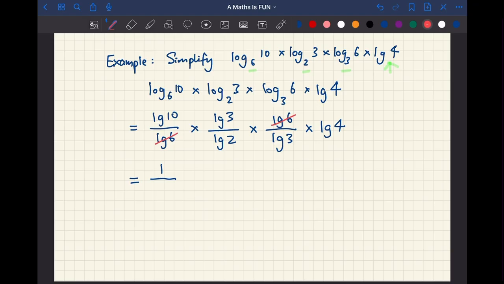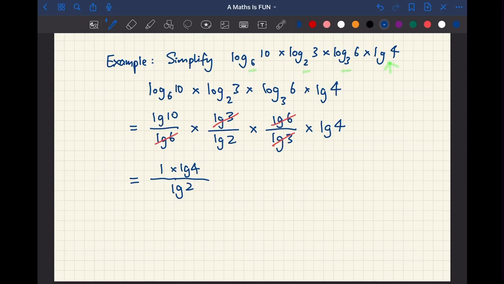Dividing log 6 in the numerator and the denominator of these two fractions, I'm able to cancel off the log 6 like that. Of course, I also have log 3 and log 3. All right, so what I am left with, by combining all of them, is 1 times log 4 over log 2.